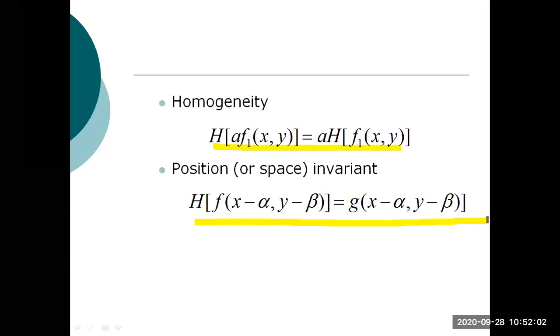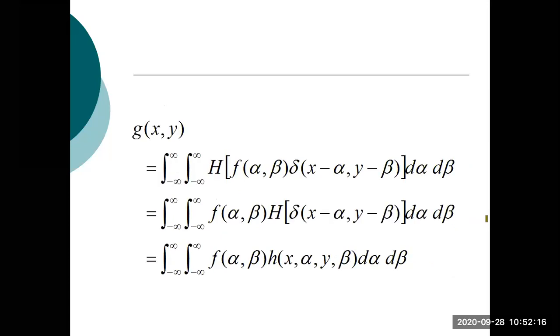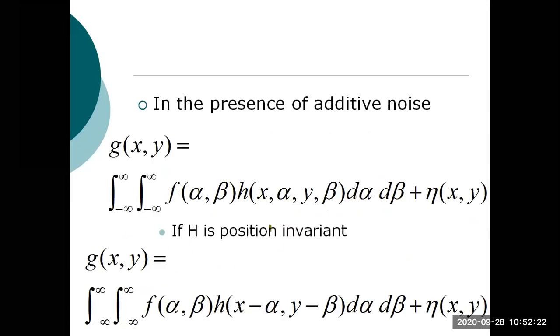Invariant means simply that if you provide any delay in the input, the same must be provided in the output. That is called invariant. After that, the system function can be decomposed into impulses for the derivation of your small h. Then you provide a continuous function like this.